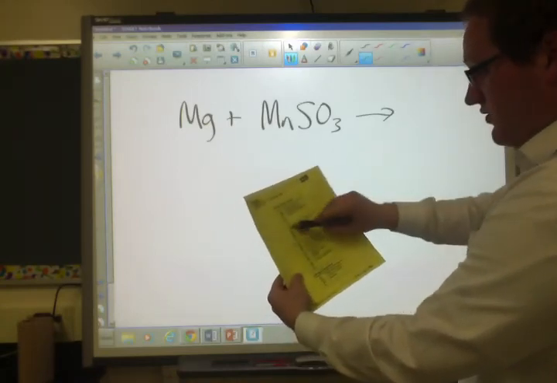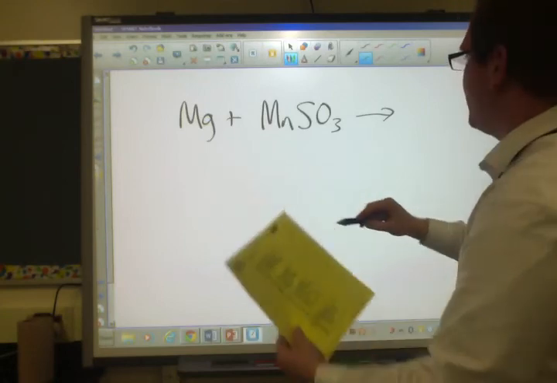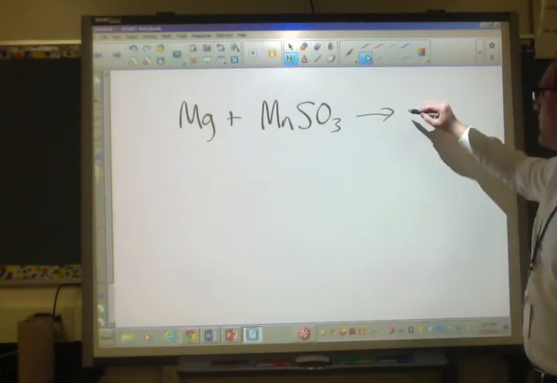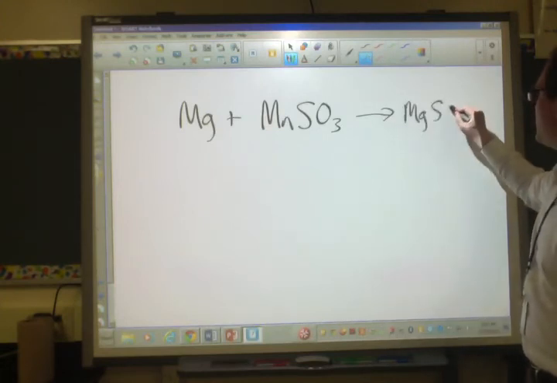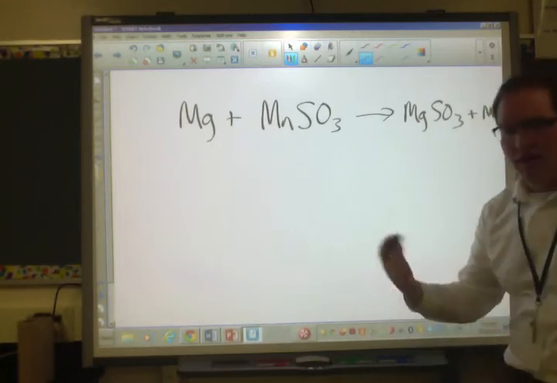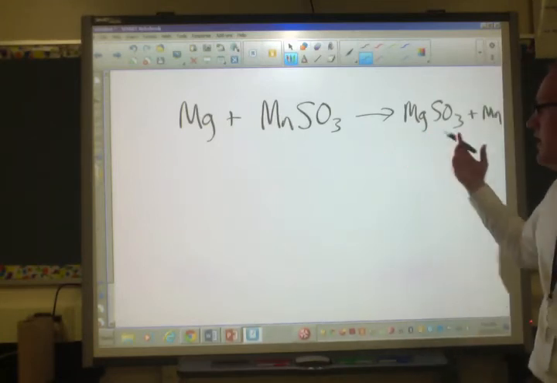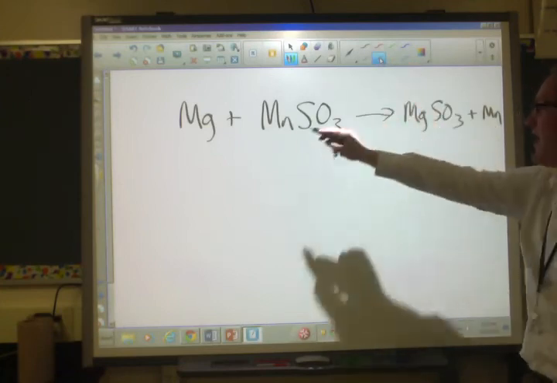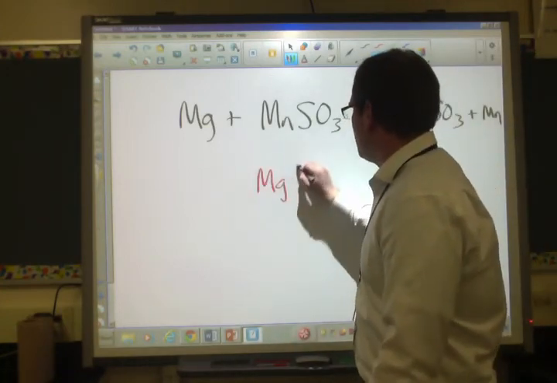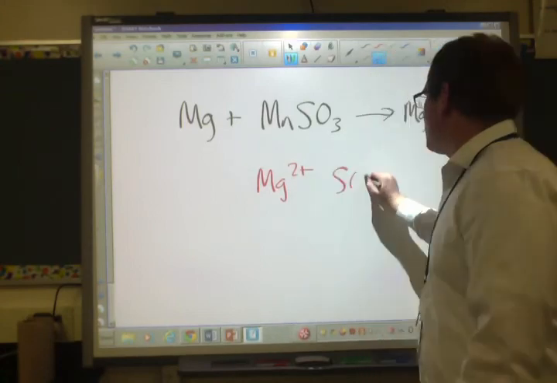Uh-oh. Oh, there it is. Magnesium can bump manganese, yes. So this will go through. So we're going to get MgSO3 plus Mn. And just real quickly, I did this in my head, but what you need to know is you're going to have magnesium reacting with sulfite, so it's Mg2+, and sulfite is SO3 2-.